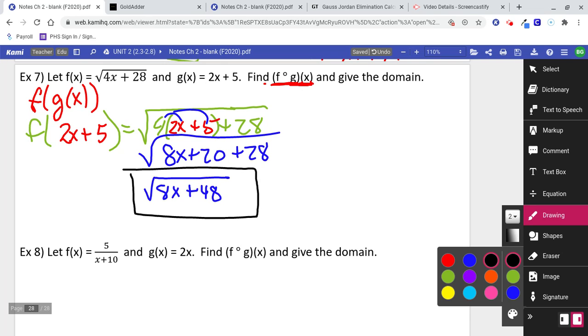I don't see a fraction, so I'm not going to have a denominator of 0. But I do have to worry about this being greater than or equal to 0. Whatever's under your square root has to be greater than or equal to 0. So for the domain, 8x plus 48 must be greater than or equal to 0.